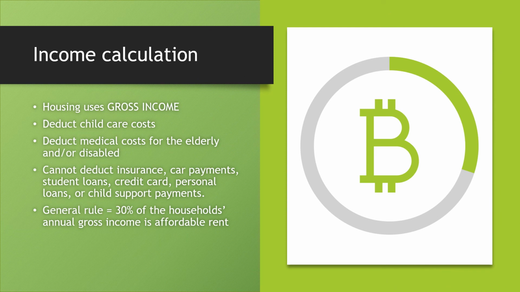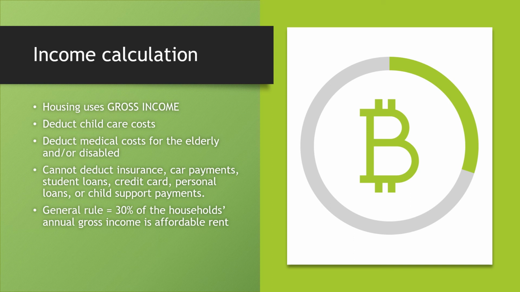Questions regarding the income calculation and how housing providers calculate the income needed for rent. Housing uses gross income, so it's the income prior to taxes and deductions on your payroll stub. It is your wage, the amount per hour, times the number of hours you are working.